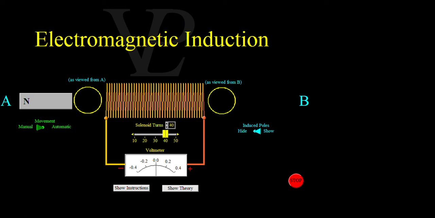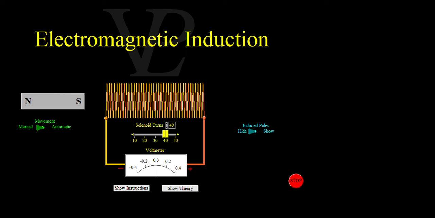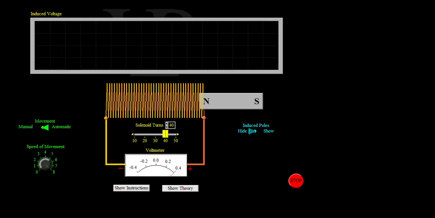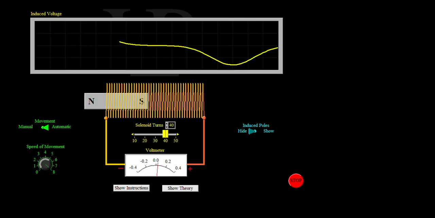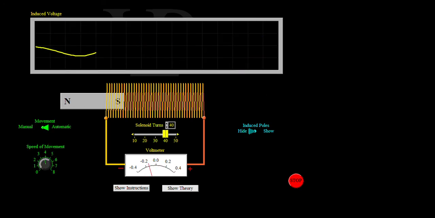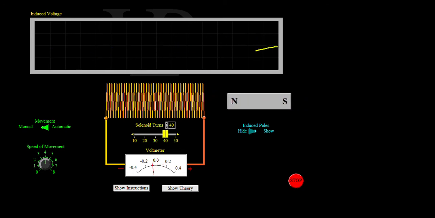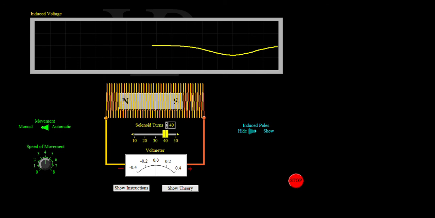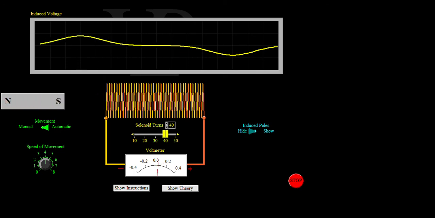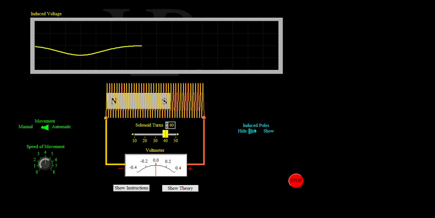Notice also that if we vary the speed of the magnet, so let's go automatic again. If we have a speed of 4 units, see the maximum deflection is about 1.5 plus or minus.